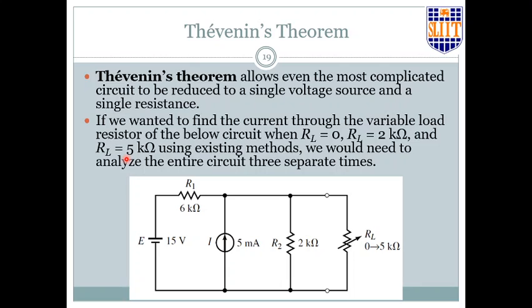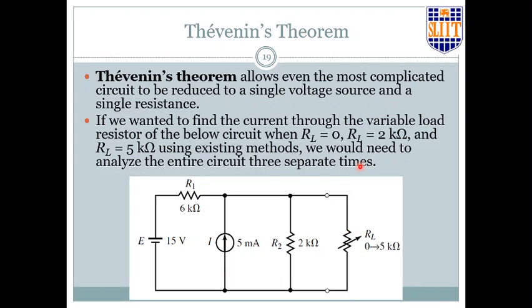Even if you use the superposition theorem, you will have to perform the superposition theorem 3 times to find the value, the current maybe, in this case it's the current through RL at 3 different RL values. Now what if we can model the rest of the circuit as a voltage source? You model this whole thing as a voltage source, and then you will have a voltage source connected to the resistor, so you can play with it very easily.